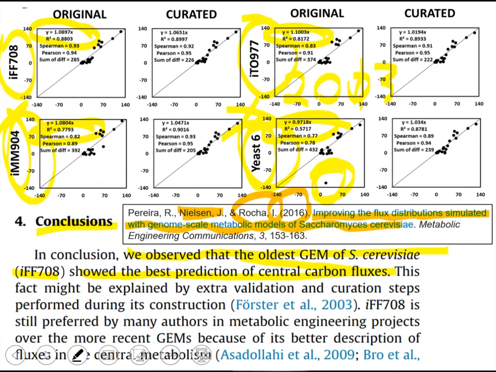And maybe in terms of gene deletion simulations, you simulate many more conditions with a higher accuracy with the new models. But in terms of predicting fluxes, the new models did not do a good job. So it doesn't mean that a new model is perfect or much better in all different aspects. That's not the case.